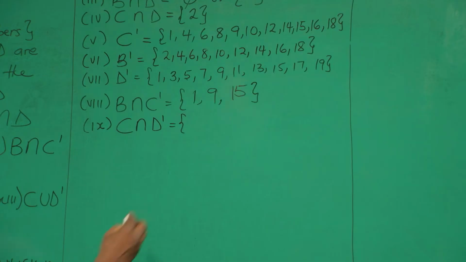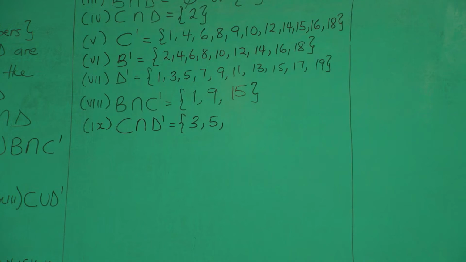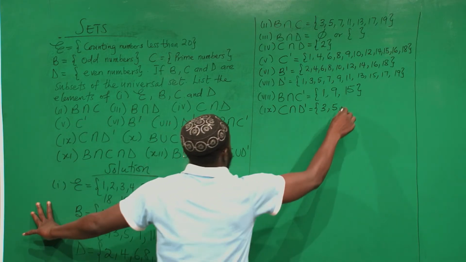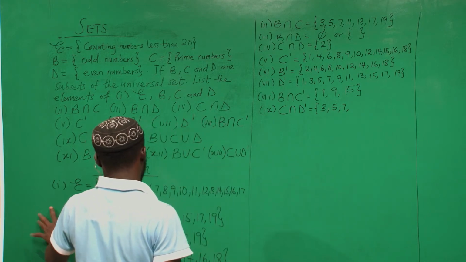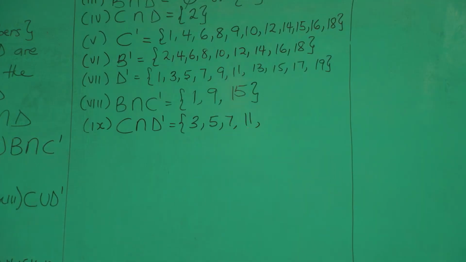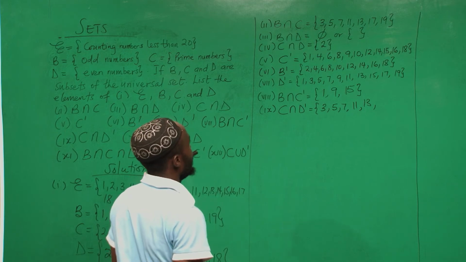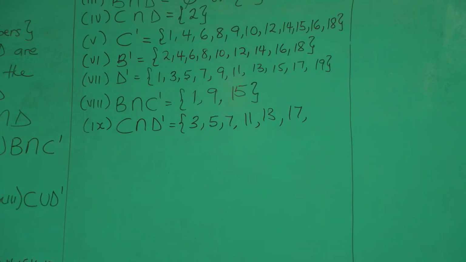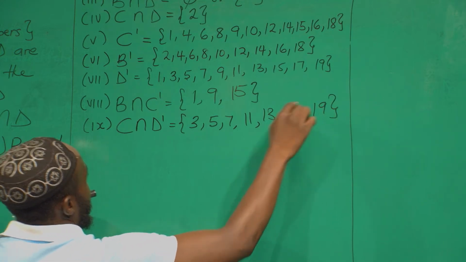So we have 3, we have 5. 7 is there, 7 is in D complement. 11, is there 11 in D complement? Yes, 11. 13, there is 13. 17, there is 17. 19, there is 19. Okay.